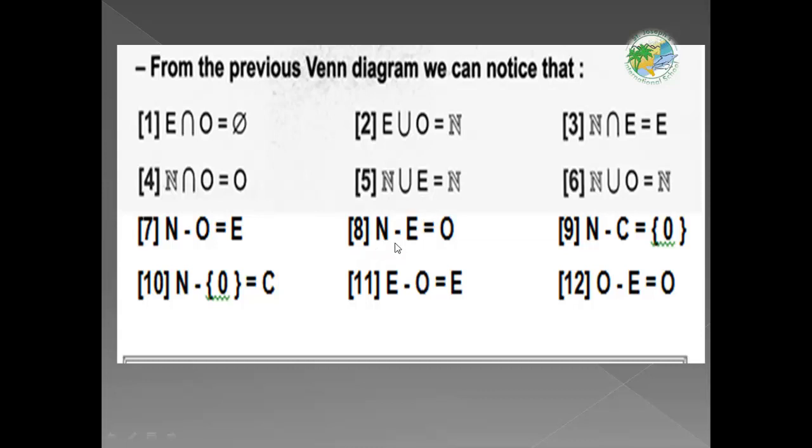If we remove the even numbers from natural numbers, it is odd numbers. Natural number difference counting number equals 0. Natural number difference 0 equals counting number. Even number difference odd number equals even number. Odd number difference even number equals odd number.